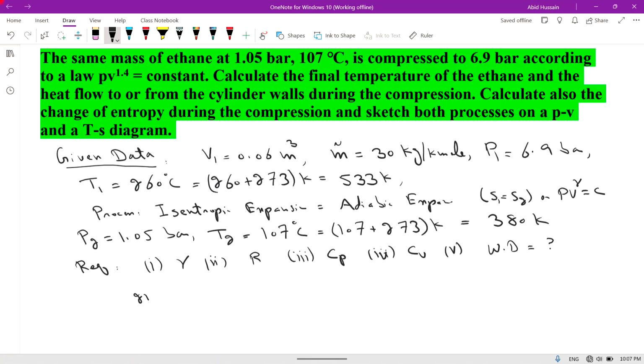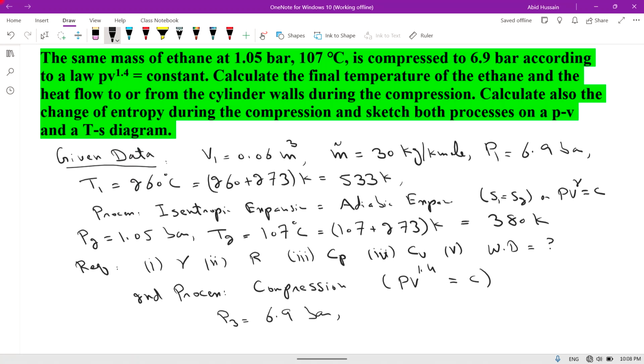So the second process is compression according to the law PV^1.4 equal to C. In compression, pressure increases from P2 equal to 1.05 bar to P3 equal to 6.9 bar. Calculate the final temperature of the ethane.